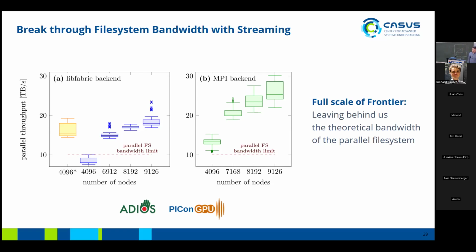So we were able to compare two things without changing any code, especially inside PIConGPU, and leaving the theoretical bandwidth limit, which we see as this dotted line below, far behind us.